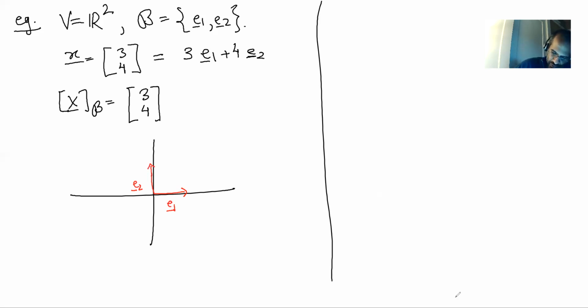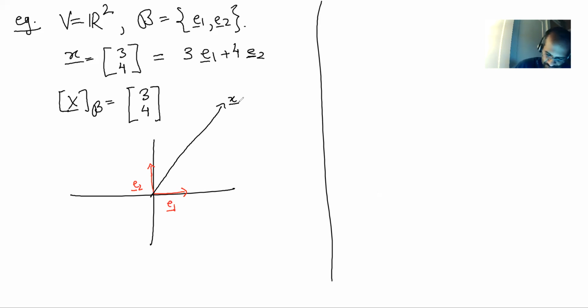And then you have this vector 3, 4, which, okay, doesn't look like that. Maybe it looks like this, or something. That doesn't look like 3, 4 either. Sorry. It's probably kind of far out here, maybe here or something.